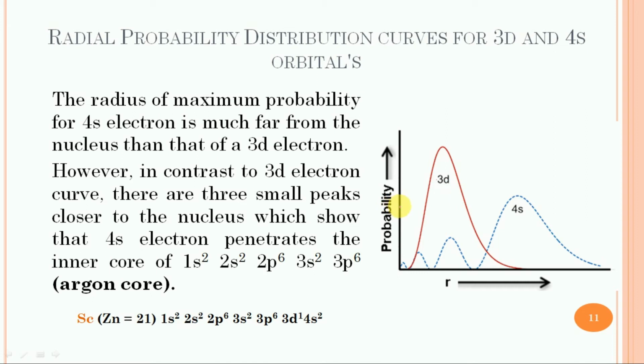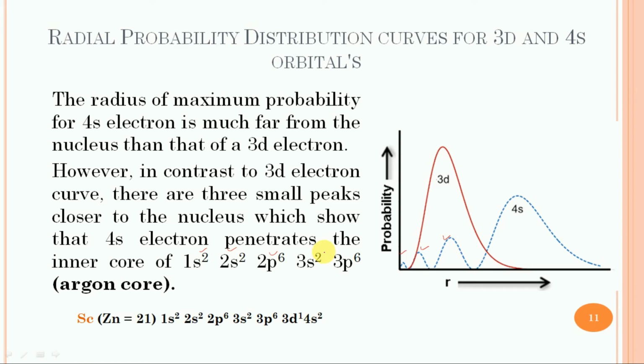However, in contrast to the 3d electron curve, there are 3 small peaks closer to the nucleus, which show that the 4s electron penetrates the inner core of 1s2, 2s2, 2p6, 3s2 and 3p6 orbitals, which is known as the argon core.